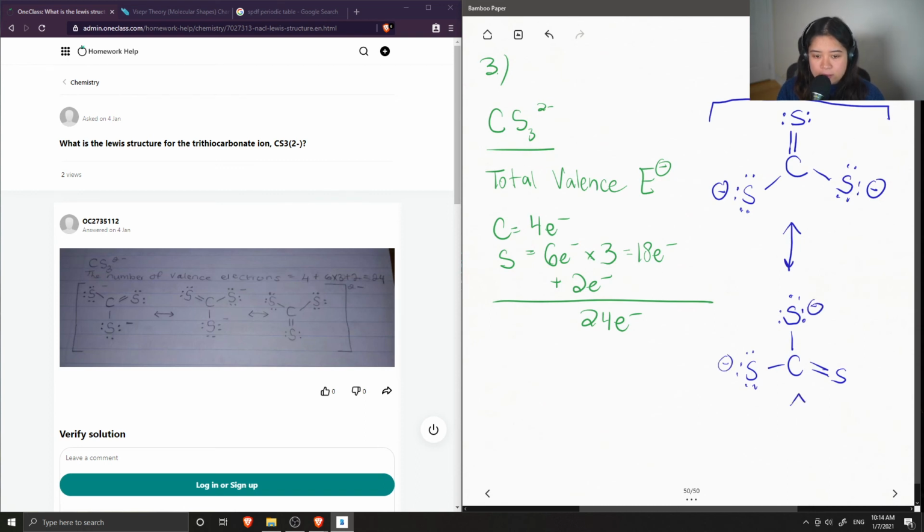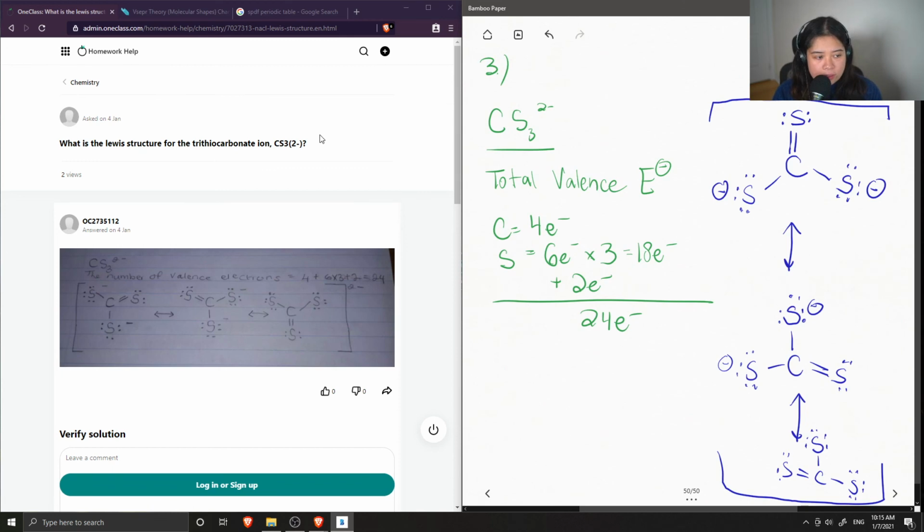And lastly, we can have the leftmost sulfur as well containing this double bond. Yeah, I did not plan out the space right. Those are all the different resonance structures as well.